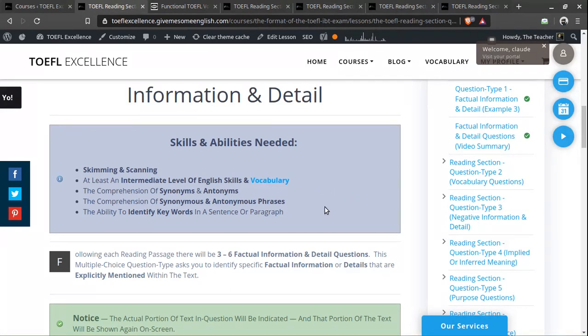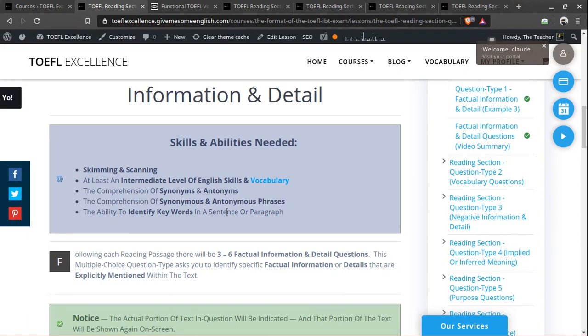For this particular question, though, you also need to have good comprehension of both synonyms and antonyms because they're going to be asking you about specific words and phrases, and you need to be able to find that information in the reading passage in the section that they show you, usually by finding the synonyms or synonymous phrases of those words. Sometimes antonyms and antonymous phrases.